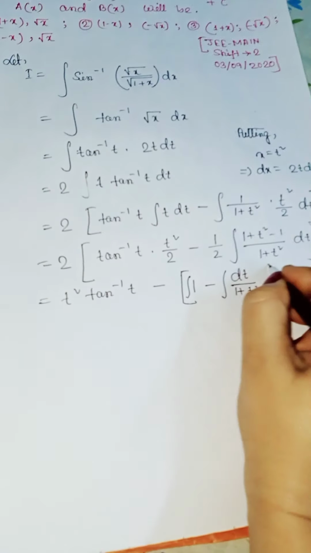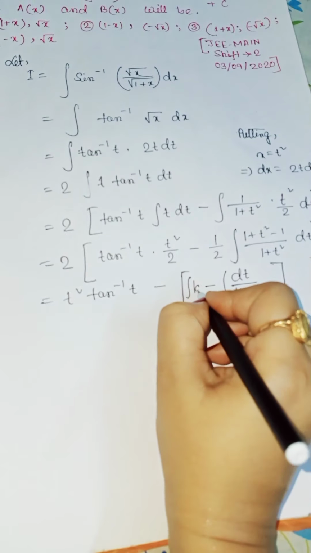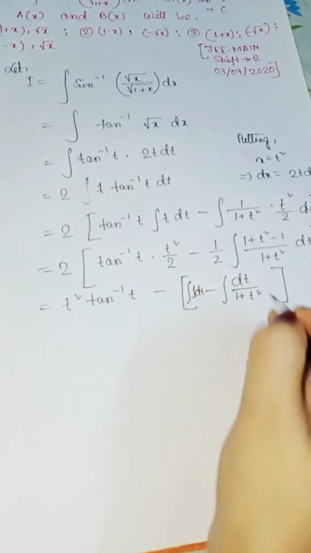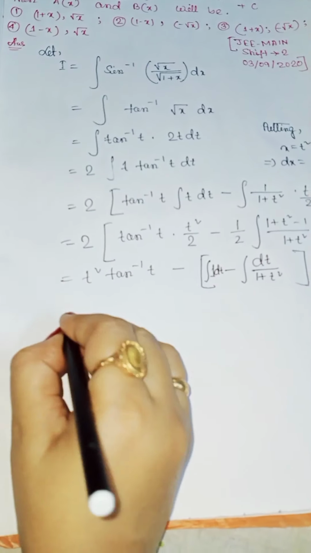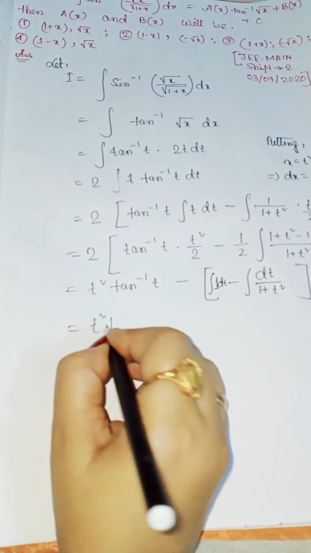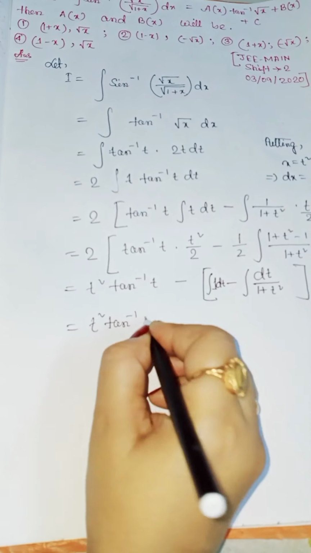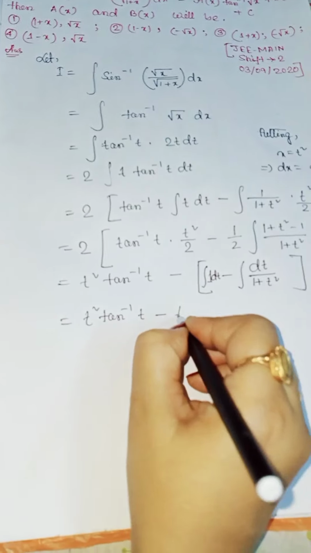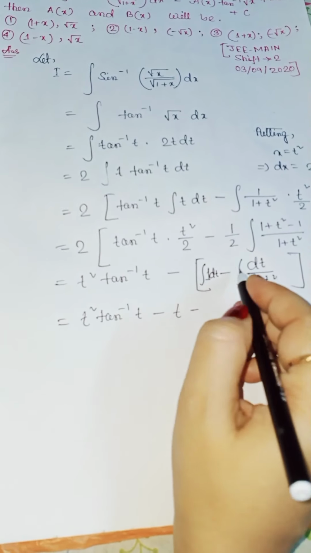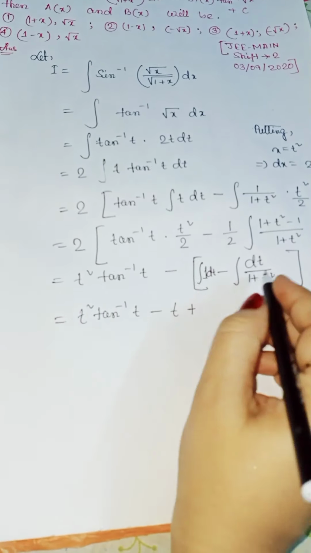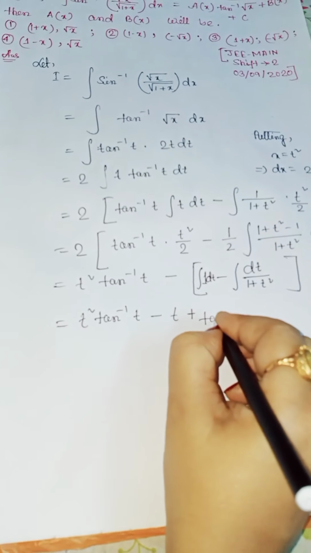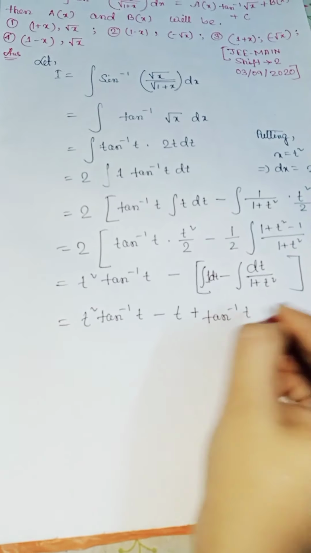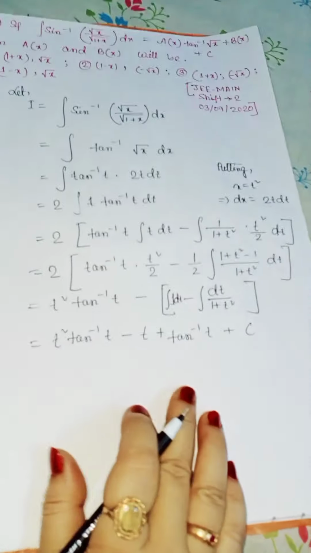Both are integrated, it becomes the integration of 1 into dt. So now t square into tan inverse t minus t, and minus and minus become plus, it is tan inverse t, plus the integrating constant c.